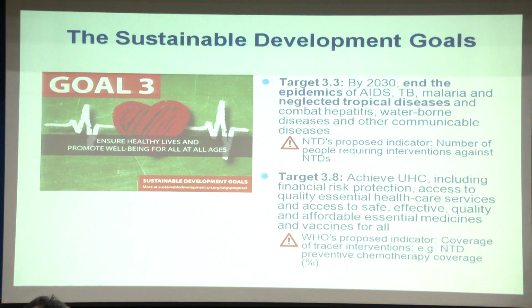Under Goal 3, which is about ensuring healthy lives and well-being for all, Target 3.3 calls for the end of the epidemics of AIDS, TB, malaria, and now neglected tropical diseases. WHO has proposed an indicator by which to track this, which is the number of people requiring interventions against NTDs. Currently, that has not been included in the latest draft of the monitoring framework for the SDGs.